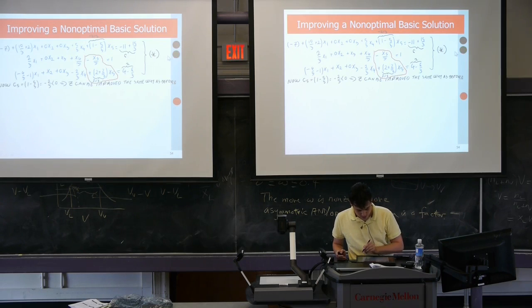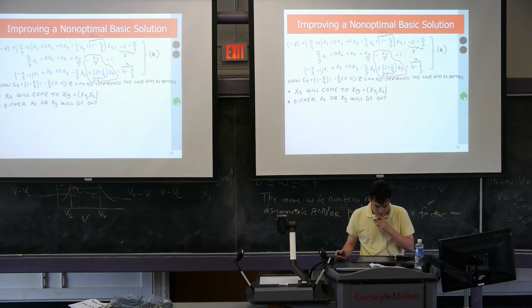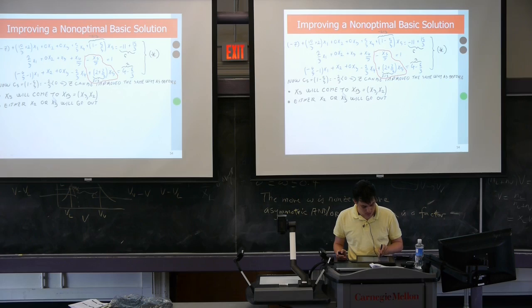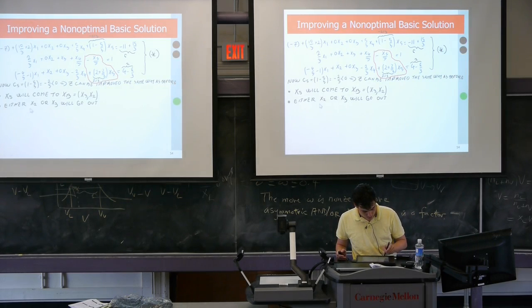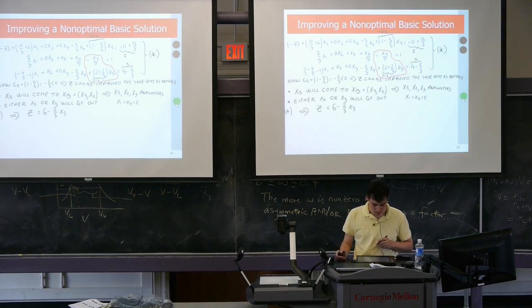Because this is negative, x5 will go into the basic variables. Our current basic variables are x3 and x2, and either x2 or x3 will go out.